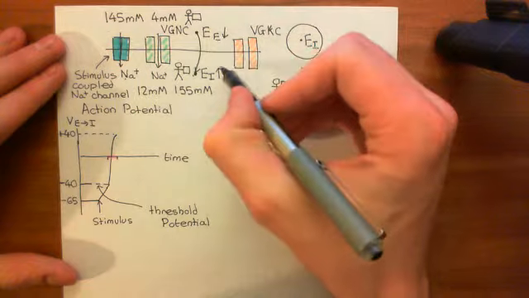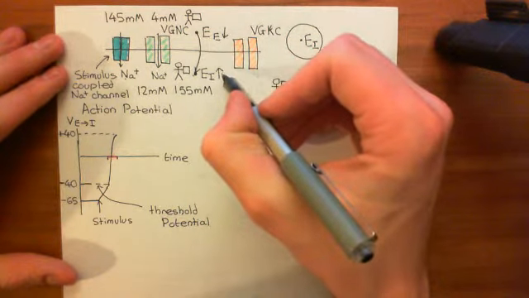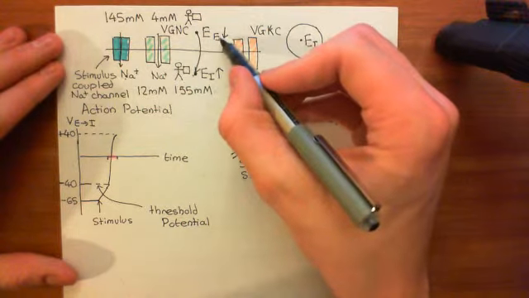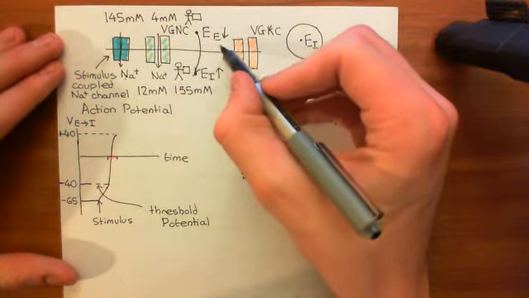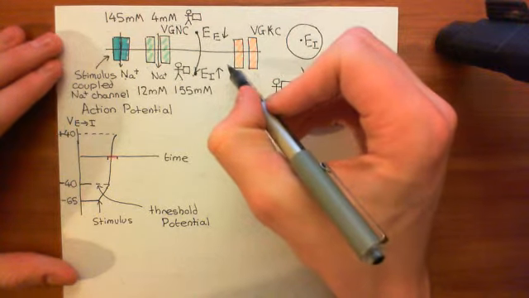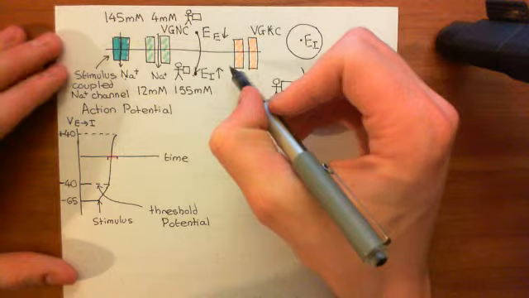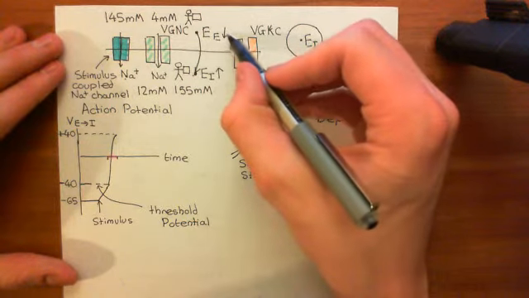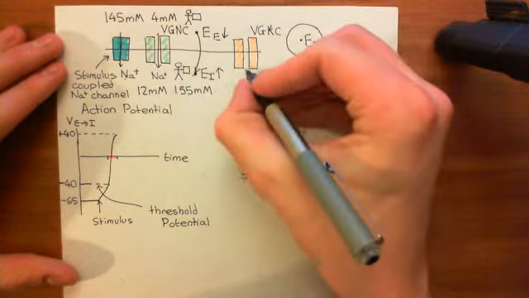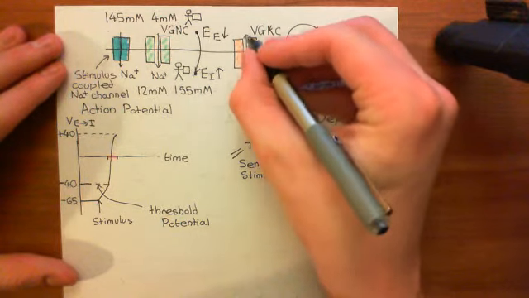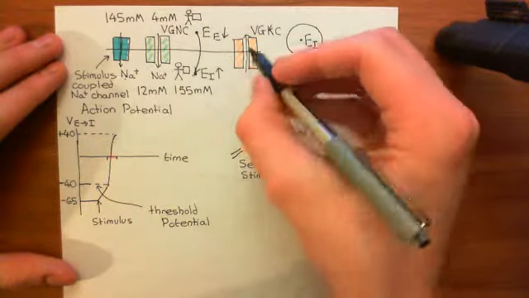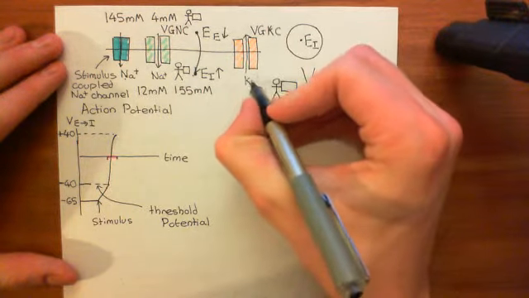That means that the intracellular electrical potential is 40 millivolts higher than the extracellular electrical potential. Potassium is a positively charged ion. It wants to be where the electrical potential is lower, which at the moment is the extracellular compartment. So not only is the concentration gradient saying move out, but also the electrical gradient is saying move out. So now you're going to get a movement of potassium out of the cell.